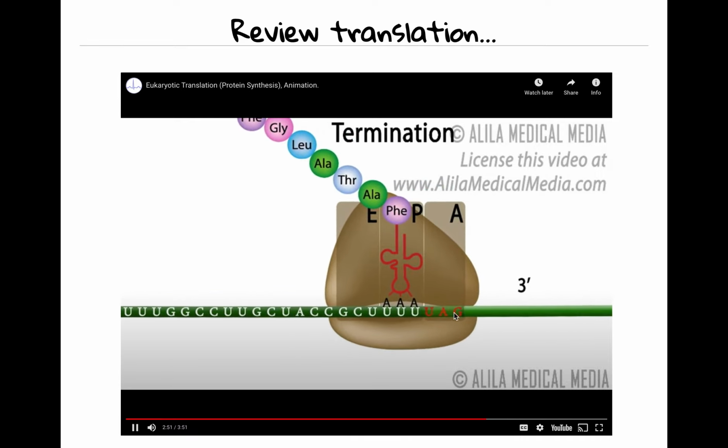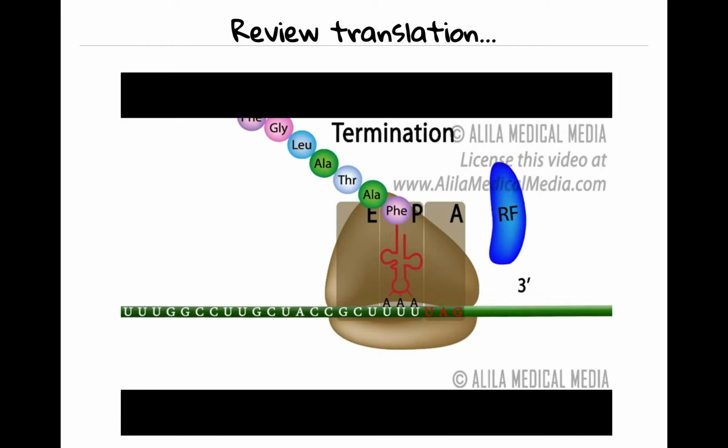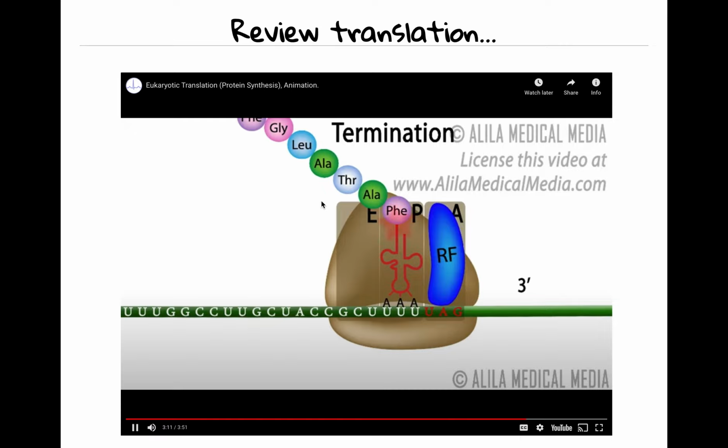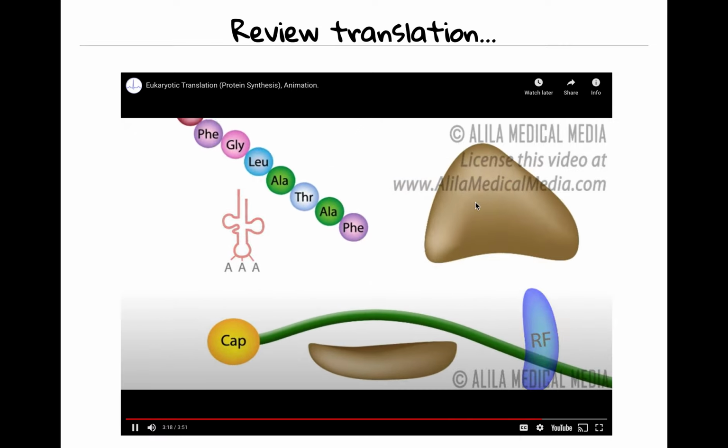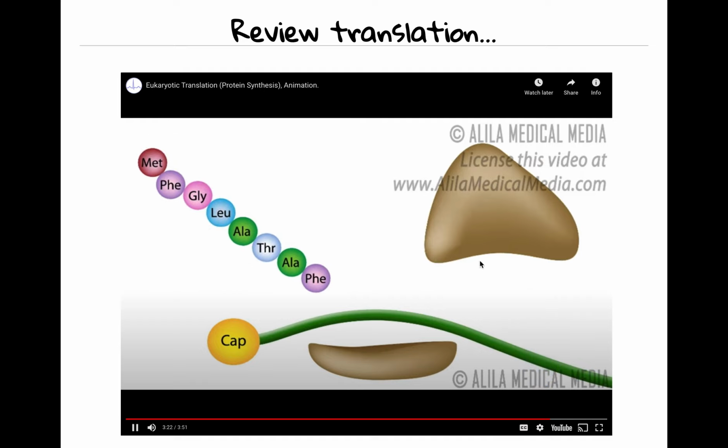At this point, that initiates the termination part, where a release factor comes into the A site and creates a little bit of hydrolysis that disconnects everything. The polypeptide sequence is released, so it can be folded up as a protein, and the remaining parts can be reused. The mRNA can be reused, and the ribosome.